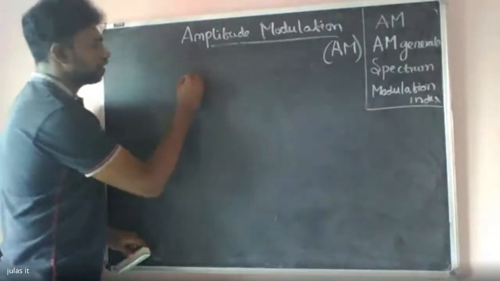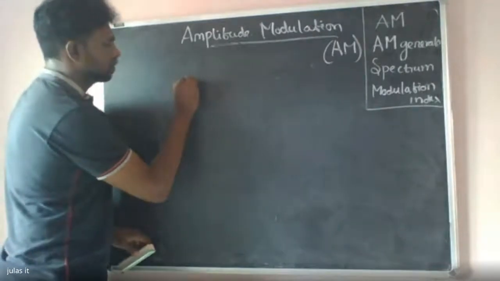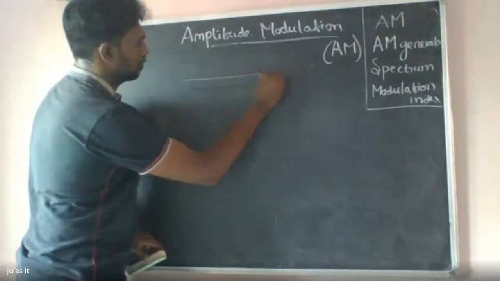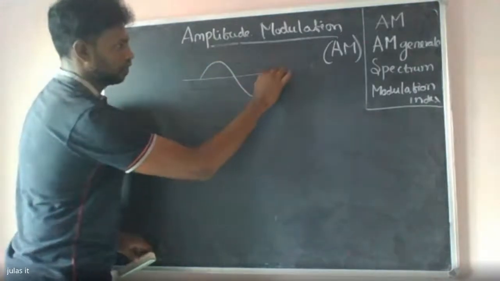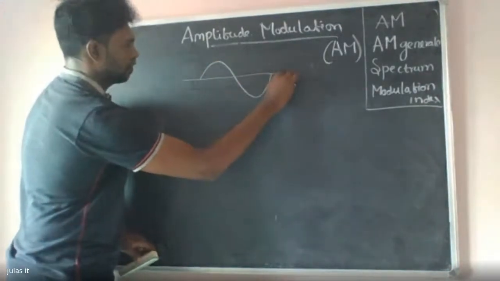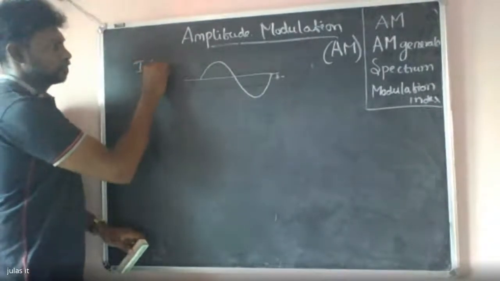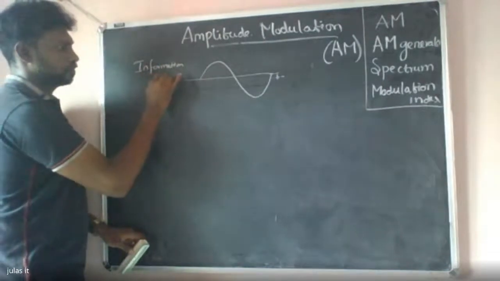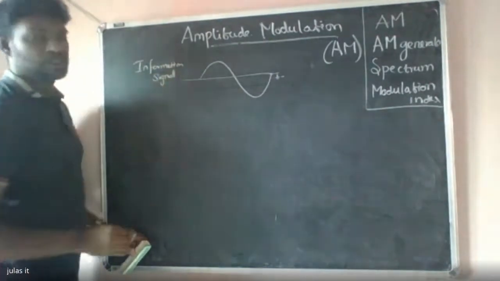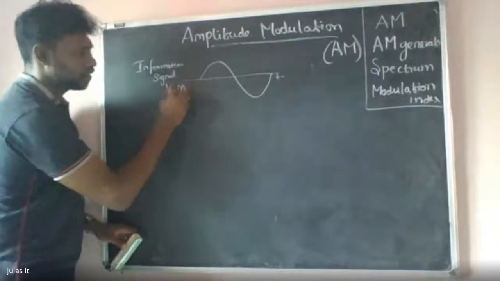So if you see, first you have to draw your information signal. This is your information signal. It is denoted by Vm of t, right?